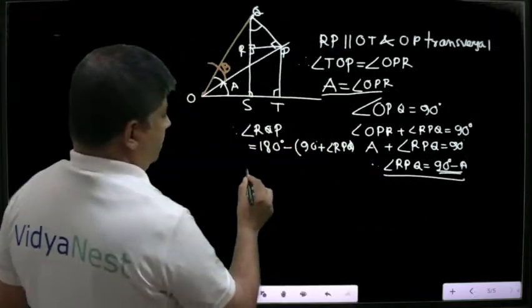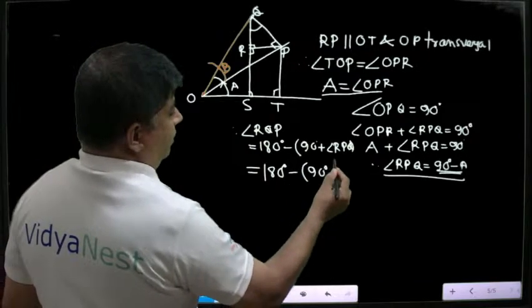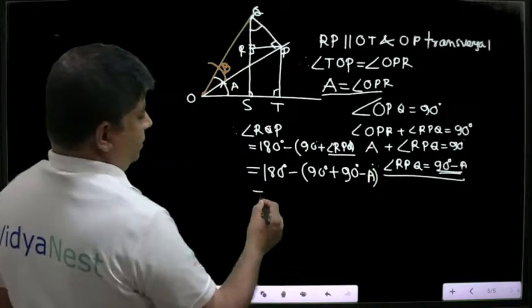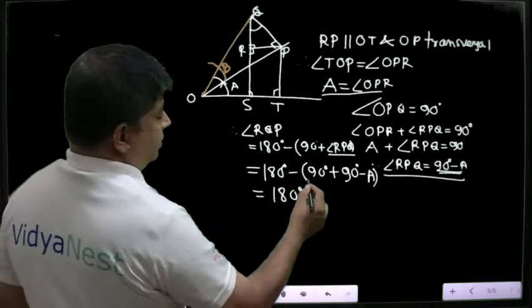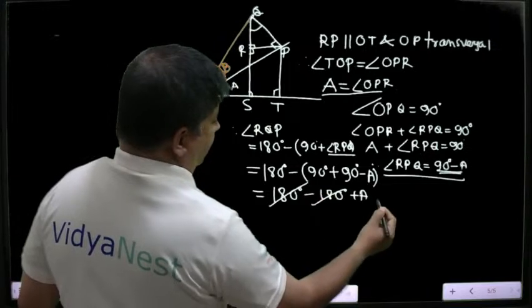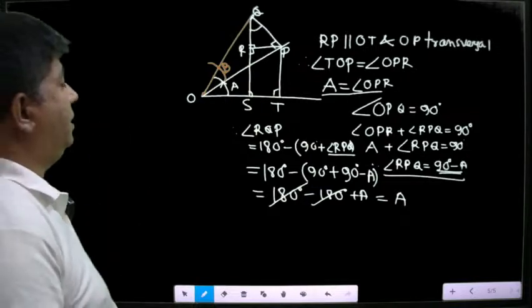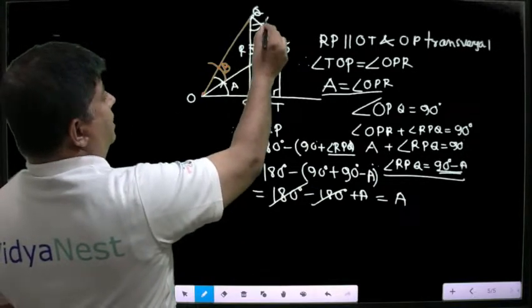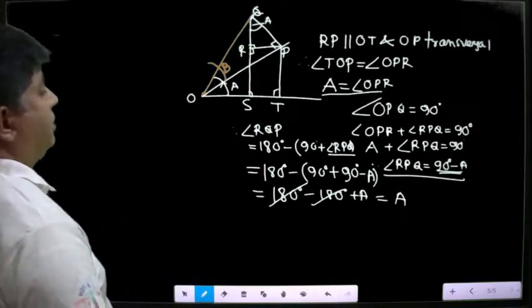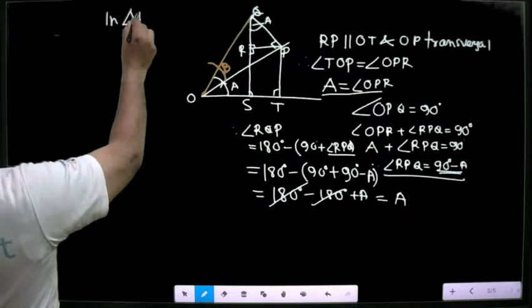Just found 90 minus A. So instead of RPQ, I can write 90 minus A. Remove the brackets: 90, 90, 180 plus A. 180, 180 cancel, A. So by 9-10 level Euclid geometry, we are able to establish that this angle also measures A. Now I will choose triangle POT.